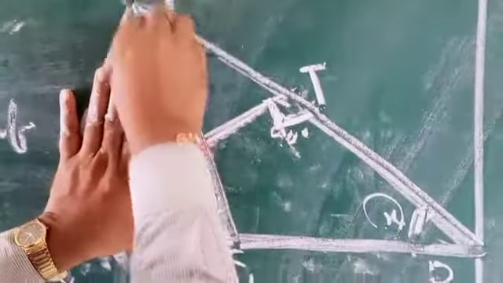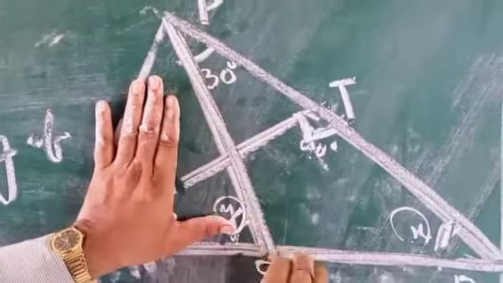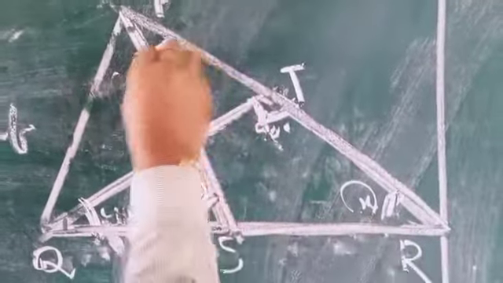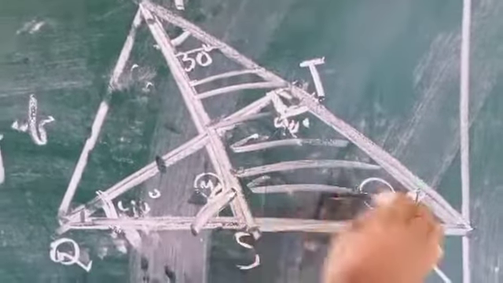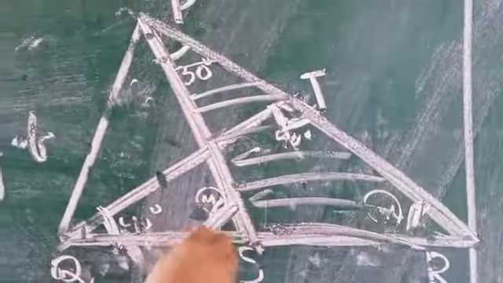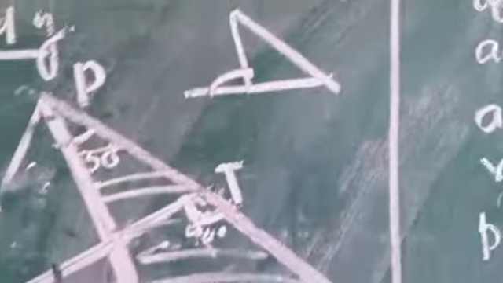Yes or no? And this one is the exterior angle of triangle PSR. Understanding? This is the triangle PSR, and PSQ is the exterior angle, just like this is a triangle and this is the exterior angle of the triangle. So this is the exterior angle.